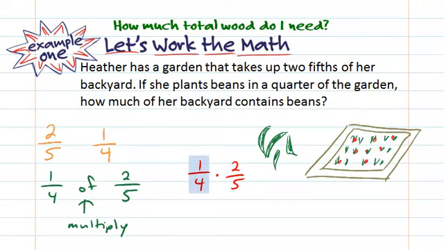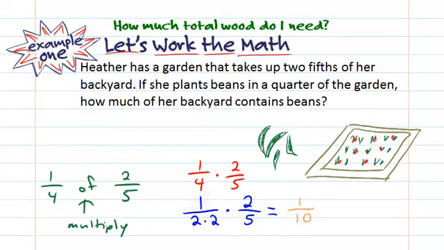So let's take 1/4 multiplied by 2/5. Remember to simplify before we multiply. 1 multiplied by 2 over 2 multiplied by 2 multiplied by 5, since 4 equals 2 multiplied by 2. The 2 in the numerator and denominator divide to 1. So we have 1/10, or 1/10 of the yard will have beans.